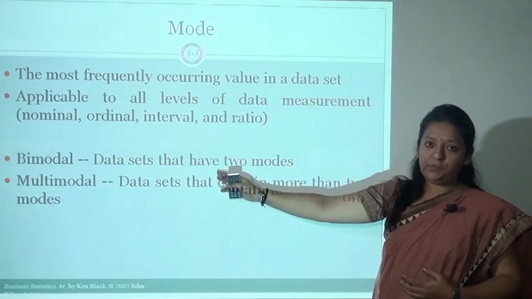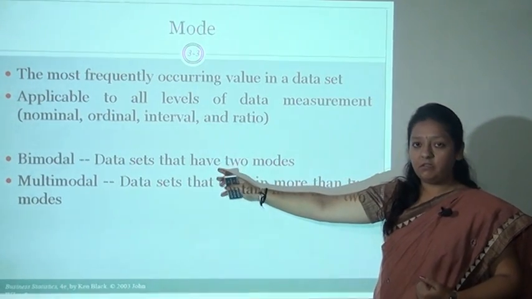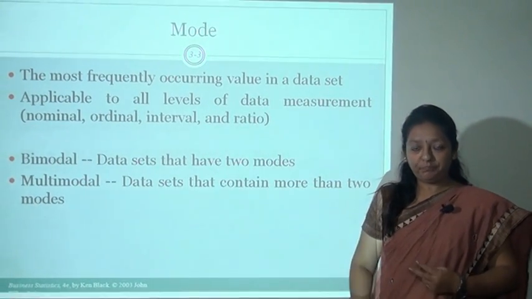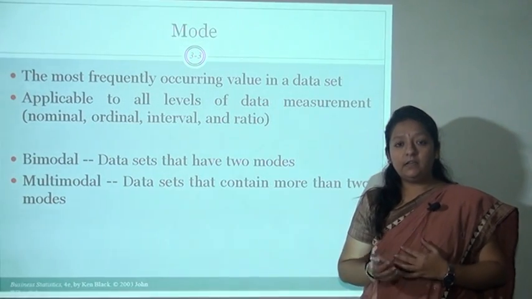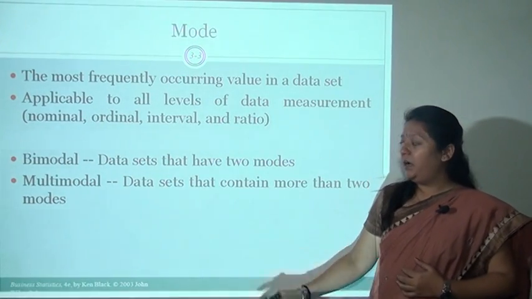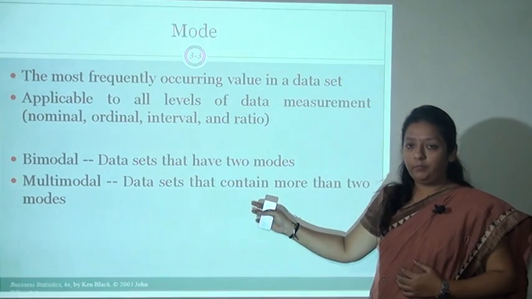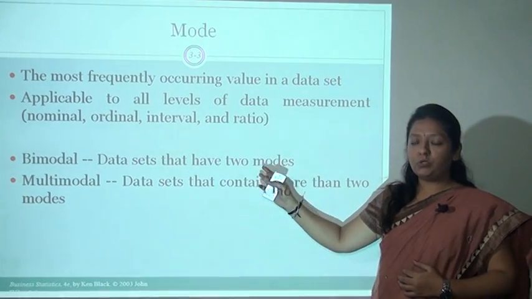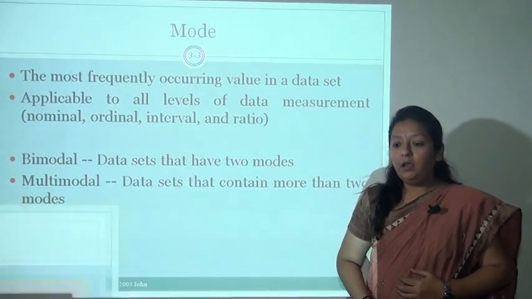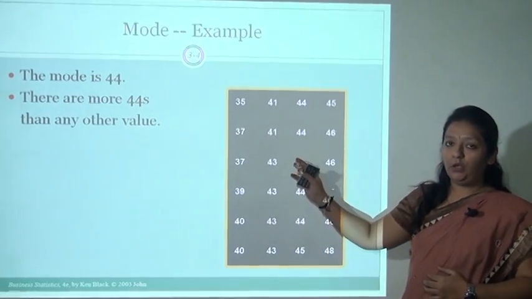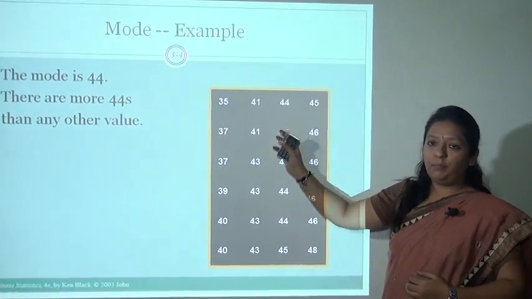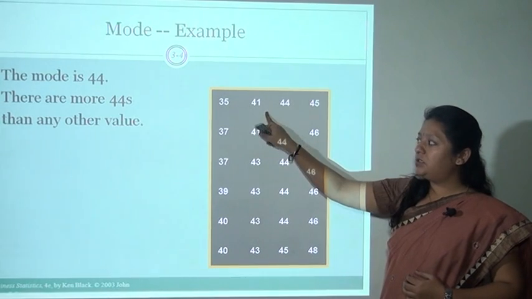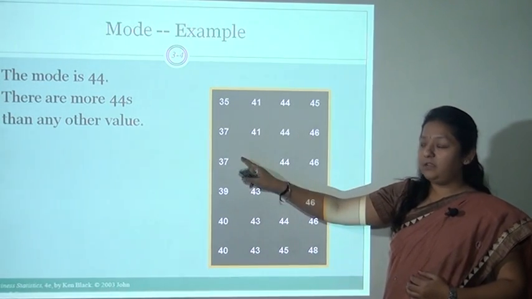What is bimodal? Bimodal data sets are those that have 2 modes. If a data set has more than 2 modes, it is termed multimodal, and if it has 2 modes, it is bimodal. Now we'll see how to calculate mode. Here one example has been given. The values were provided in the data set.